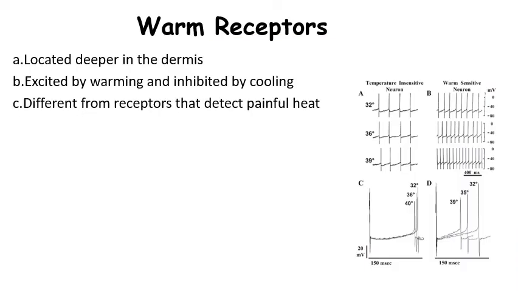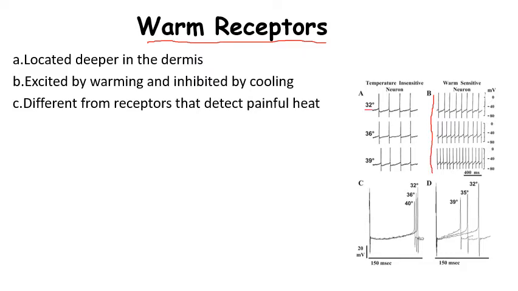Similar to the cold receptor, warm receptors respond to changes of temperature taking place around the skin. Unlike the cold receptor, the stimulus for them is warmer temperatures. As temperature increases, we can see the signaling in those warm receptor neurons increases.